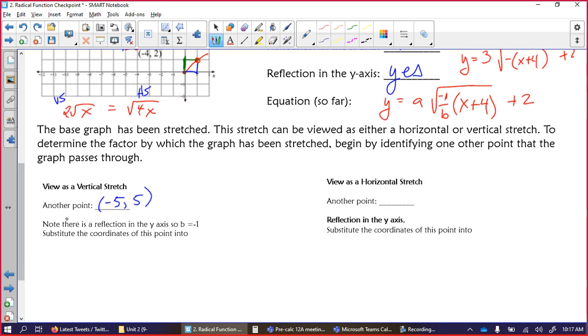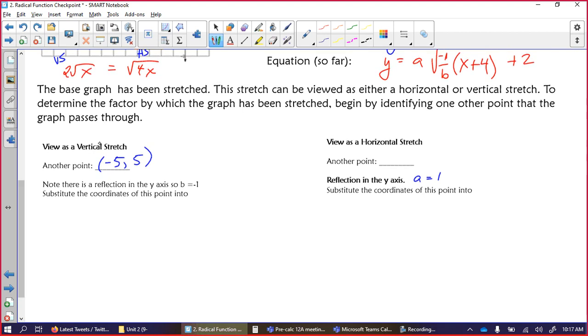So if we're assuming it's a vertical stretch, b is negative 1. If we're assuming it's a horizontal stretch, we're finding b and we're assuming a is 1. So y equals a, the square root of negative x plus 4, plus 2. That's our equation.